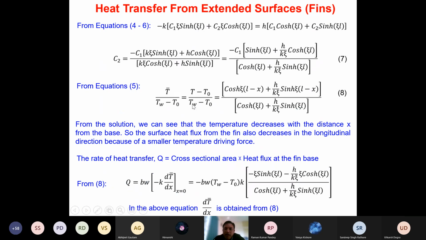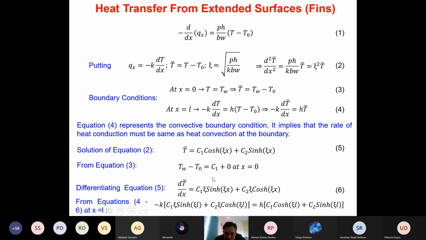After rearranging the equation, what we get is this. T minus T naught divided by Tw minus T naught is equal to cos hyperbolic zeta (L minus x) plus h by k zeta sine hyperbolic zeta (L minus x), divided by cos hyperbolic zeta L plus h by k zeta sine hyperbolic zeta L. So this final expression we have obtained by putting the expressions of C2 and C1 both in this equation 5.